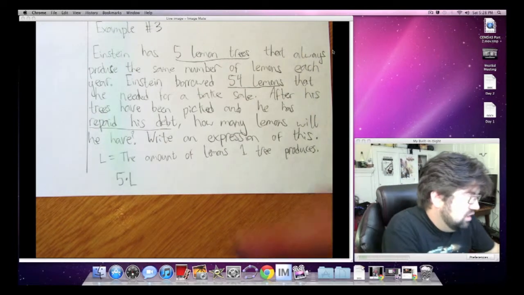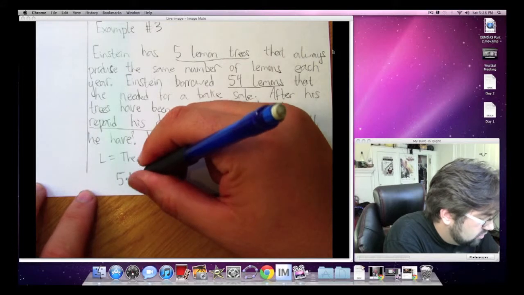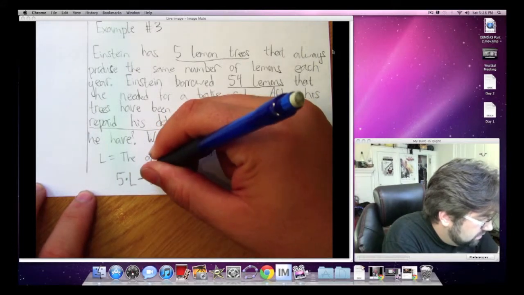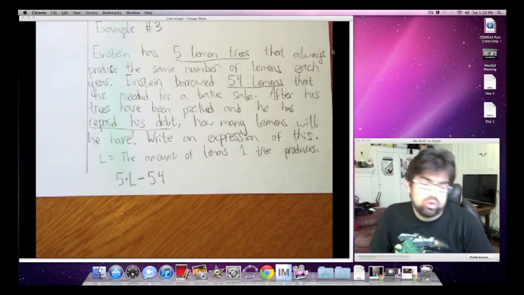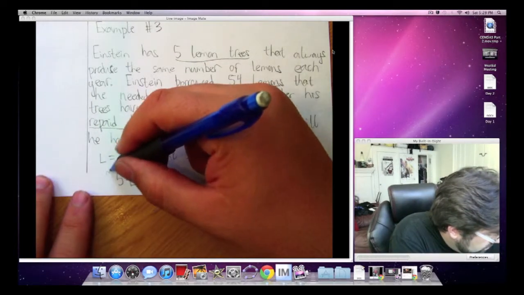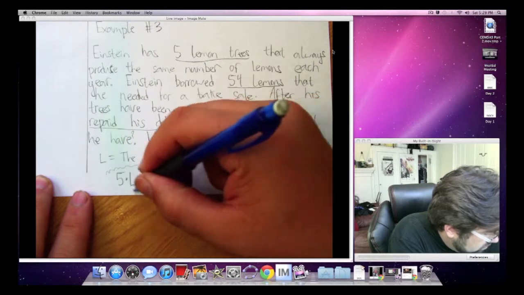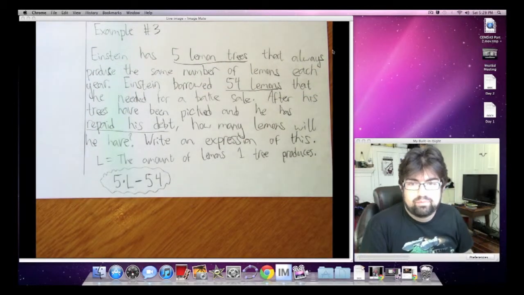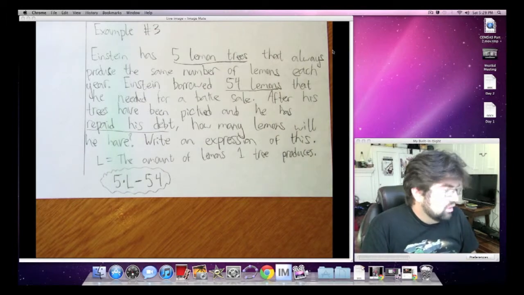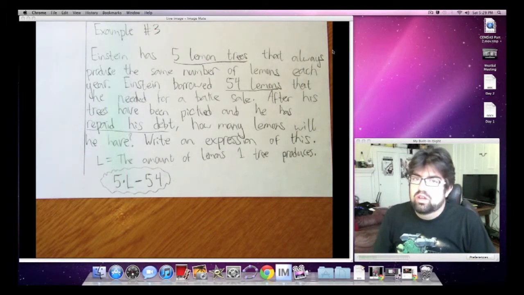If he repaid it, he would lose some. So it should be minus 54. So this would be the number of lemons he has left after he's repaid his debt. Okay? So, there you go. That's algebraic expressions, and I'll see you guys tomorrow.